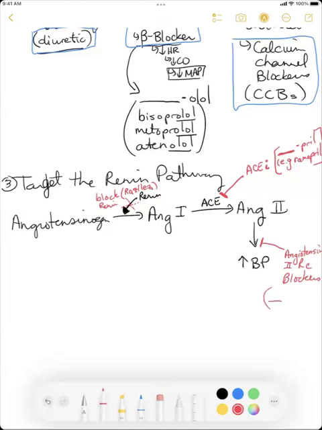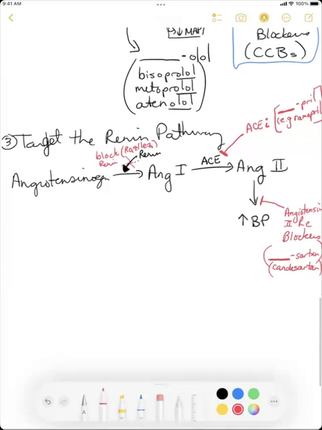These medications end with the suffix sartan. So olmesartan, candesartan, those are all medications. Candesartan would be an example.